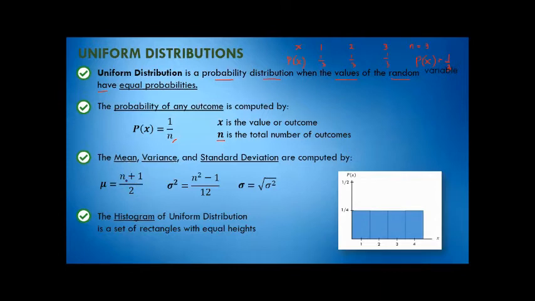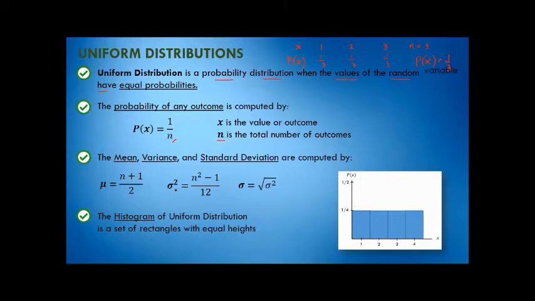So n is the total number of outcome. Next, for the variance, the formula is sigma squared is equal to n squared minus 1 all over 12. And then, of course, that standard deviation is the square root of the variance.